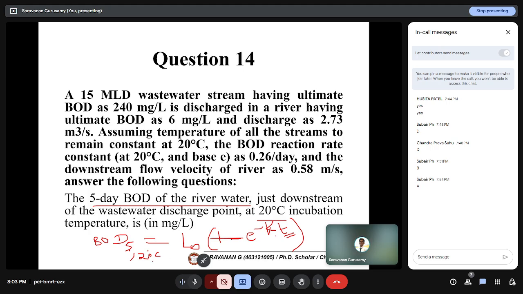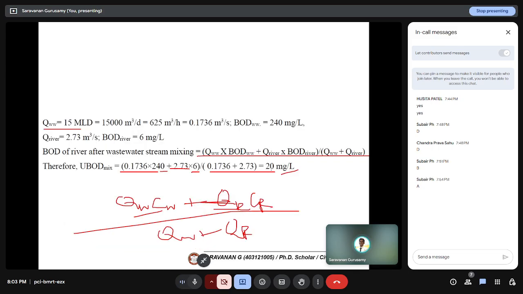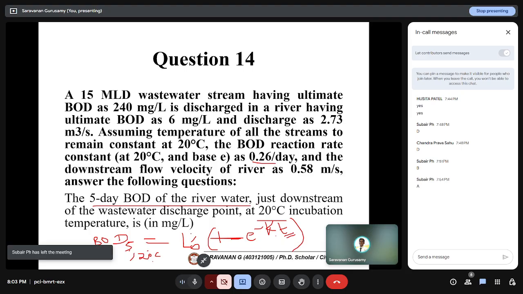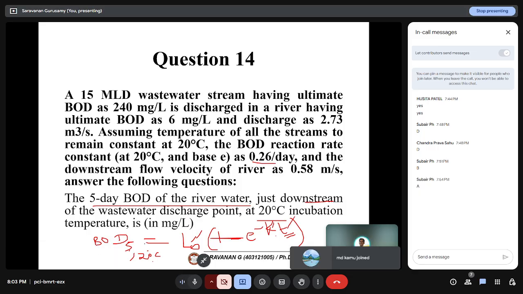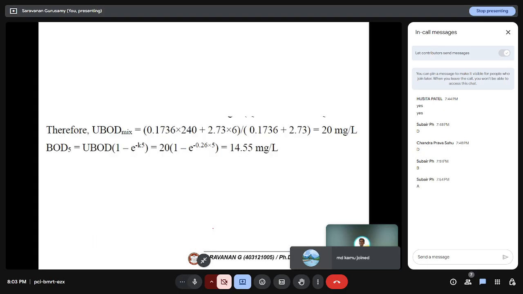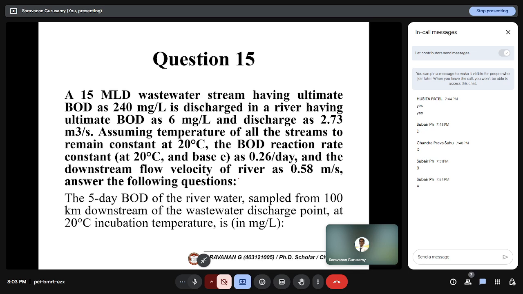K at 20 degree is given 0.26. L naught we have identified last, 20 is the L naught of the mix. So they are asking just downstream, the mix. So L naught we know, K we know, T we know, so we can find BOD 5 at 20 degrees Celsius. Right? So substitute 20 here, K is here, 5 is the T, we can find the BOD 5.